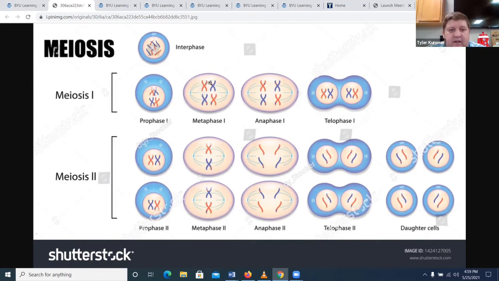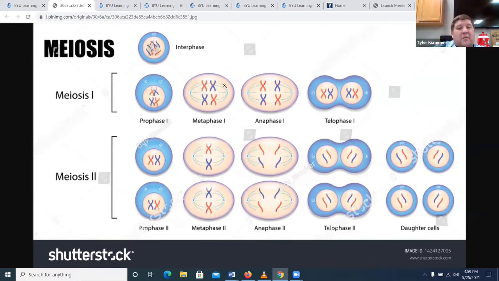If this is where the gene for pea color is, and this is where the gene for pod shape is, okay, those 2 genes, the alleles, the yellow allele could line up on this side or on this side. It's just random how it lines up.